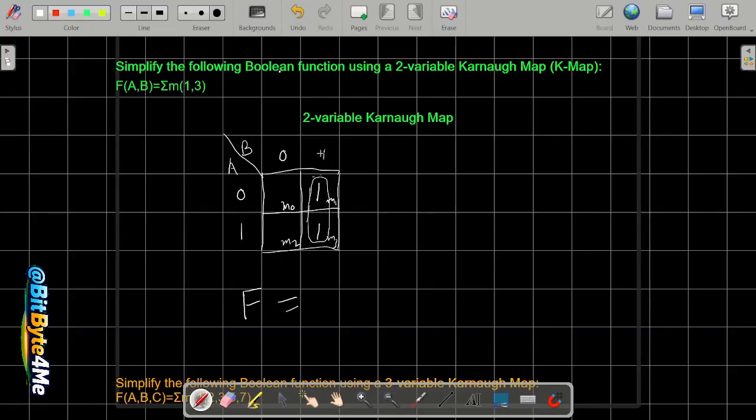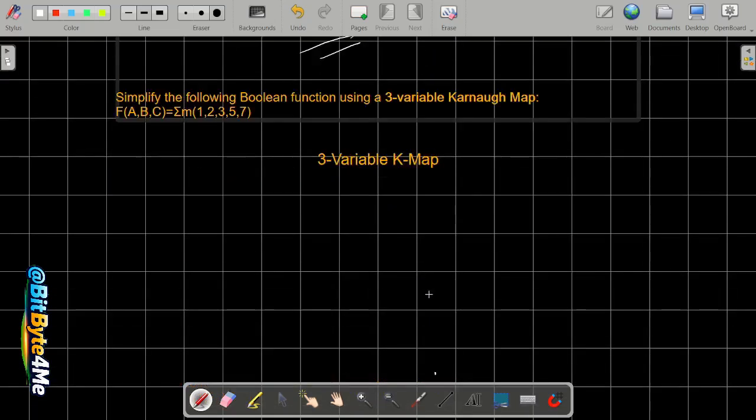So here the value of b is 1, so we will write it as b. So this is the solution of this two variable function f(a, b) = sigma m(1, 3).